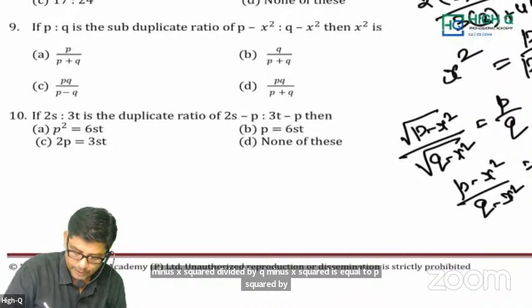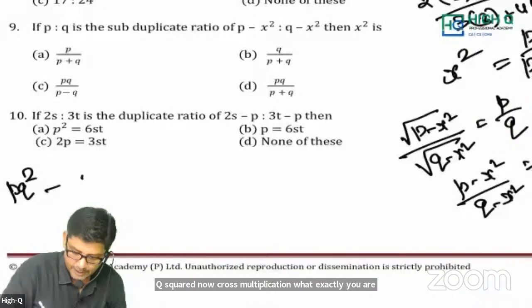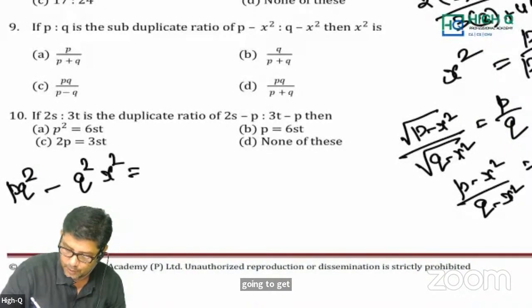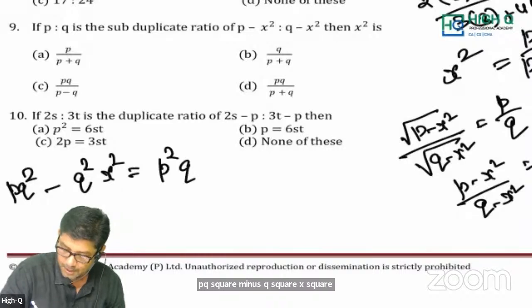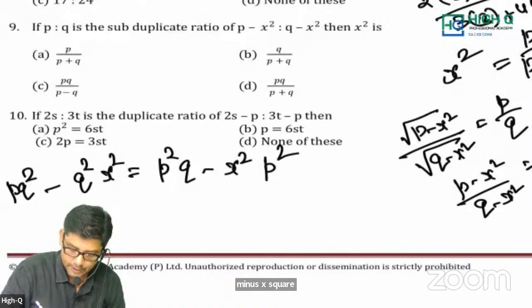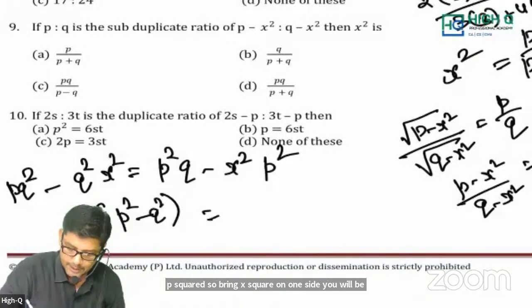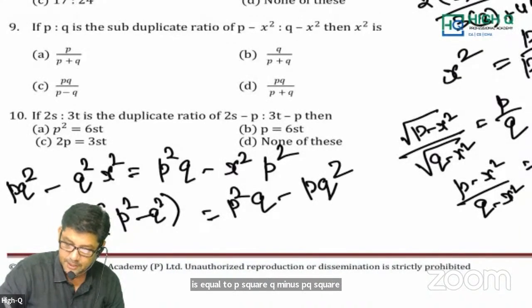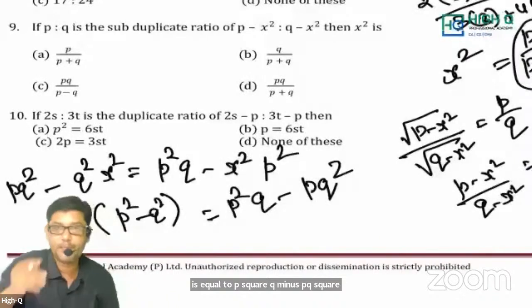What exactly are you going to get? PQ square minus Q square x square is equal to P square Q minus x square P square. So bring x square on one side. You will be getting x square into P square minus Q square is equal to P square Q minus PQ square. After simplification, definitely you are going to get x is equal to PQ by P plus Q.